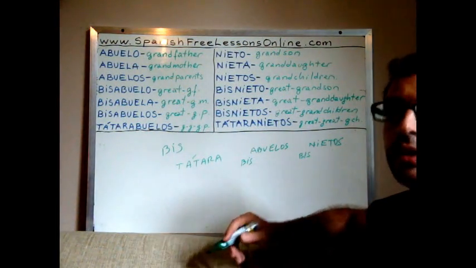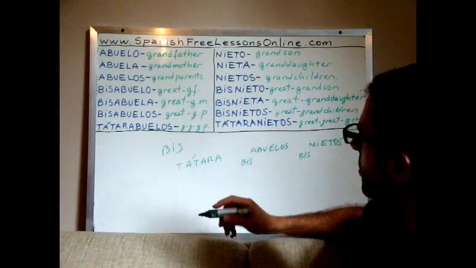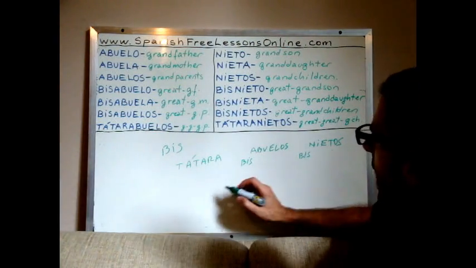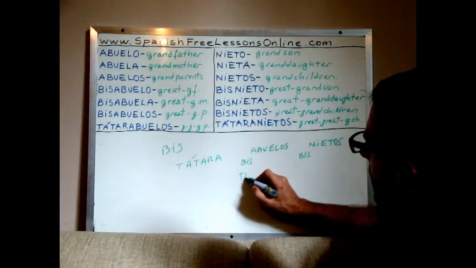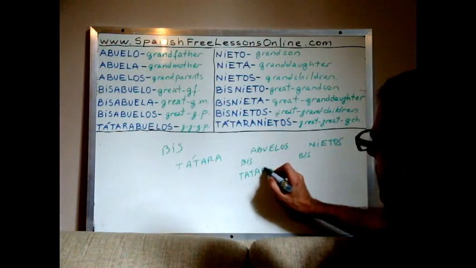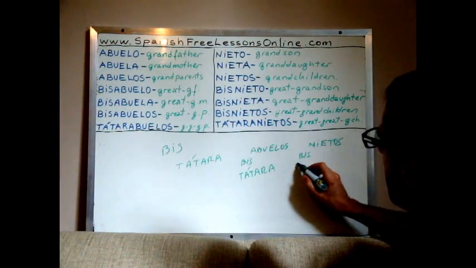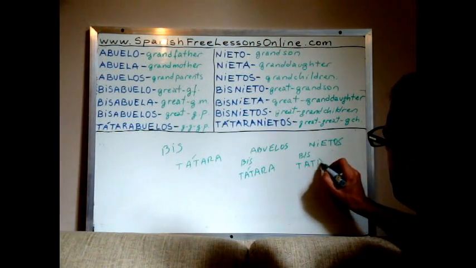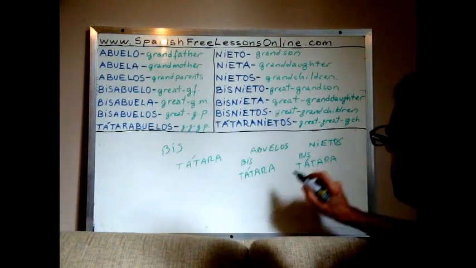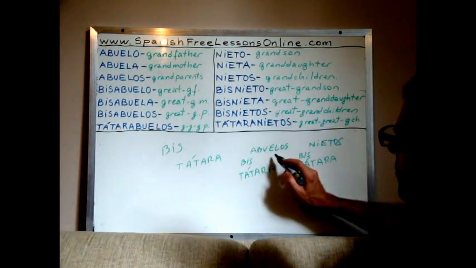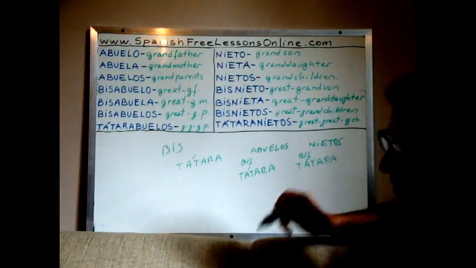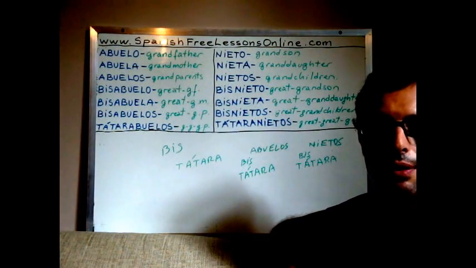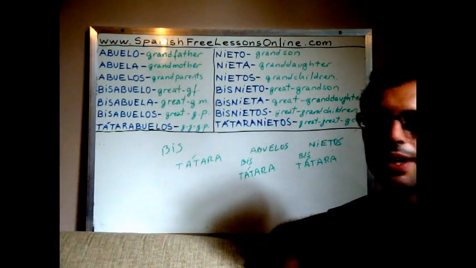And for great-great-grandchildren or great-great-grandparents, we add this prefix, tatara, okay? So it would be tatarabuelos and tataranietos for great-great-grandparents and great-great-grandchildren, right?